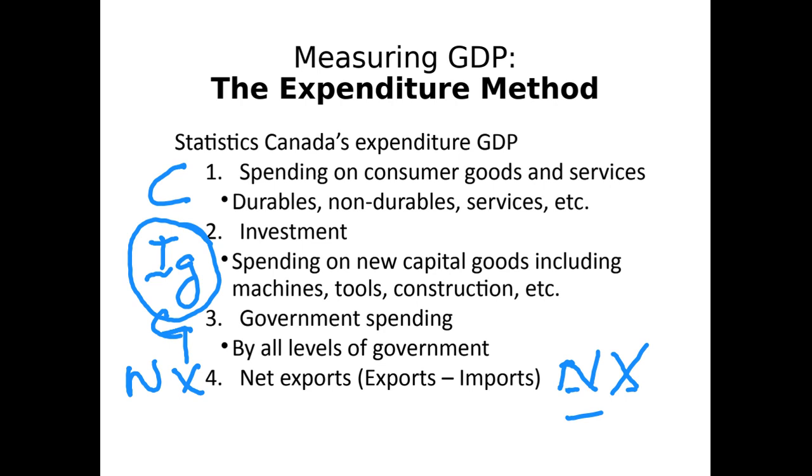For example, suppose I want to calculate GDP in 2022, right? And suppose in this year Toyota produced, let's say, 10 cars. So 10 cars being produced by Toyota in 2022.